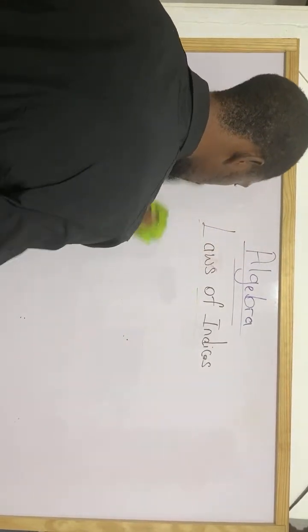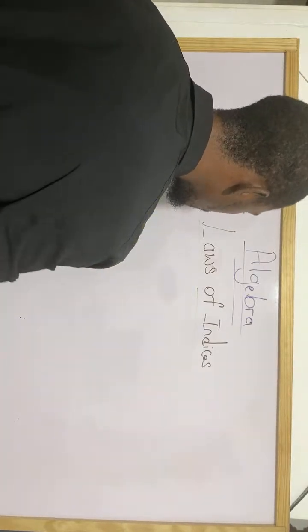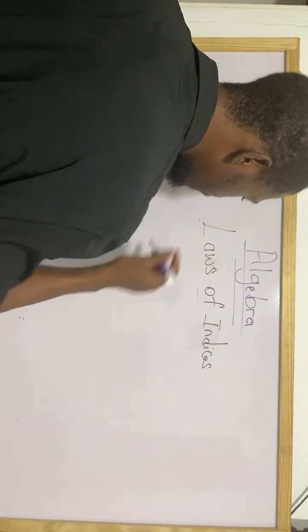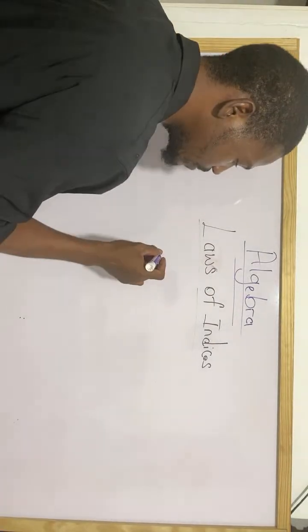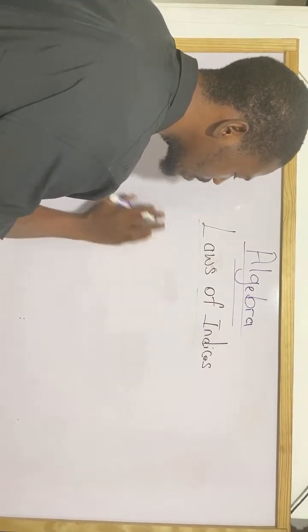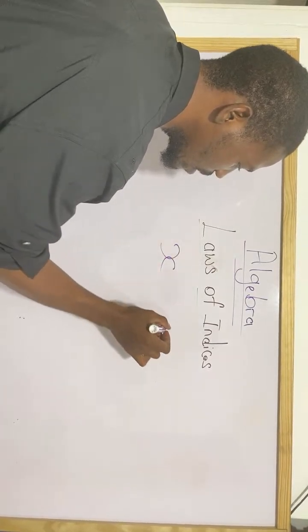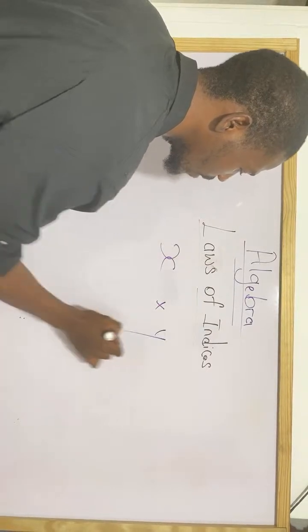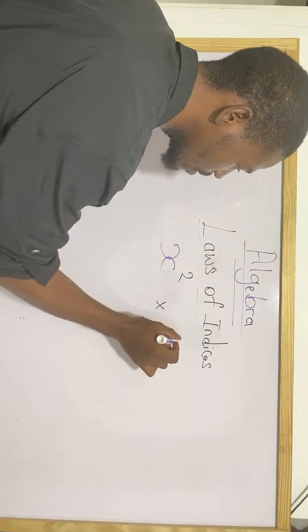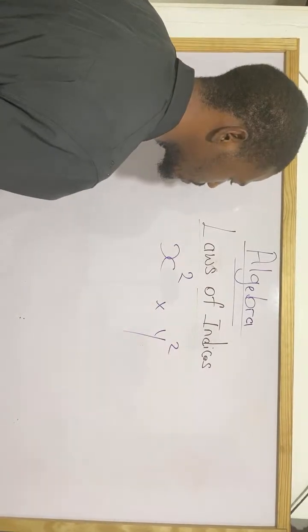There is just one more thing. If you remember what we just did, then this is going to interest you. Now we're going to be talking about the same x and y, and multiply by y. But this time, we're going to have x being squared and the y also being squared.